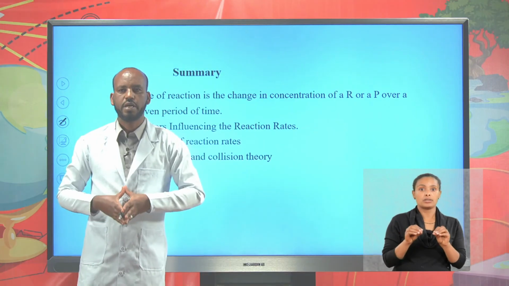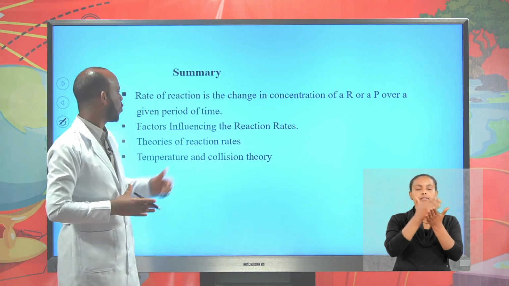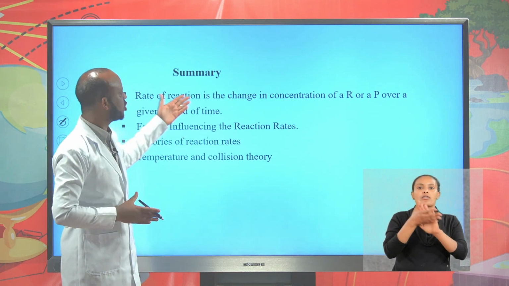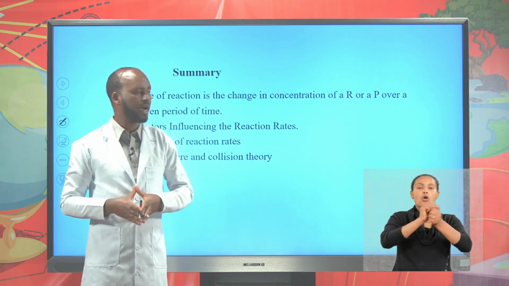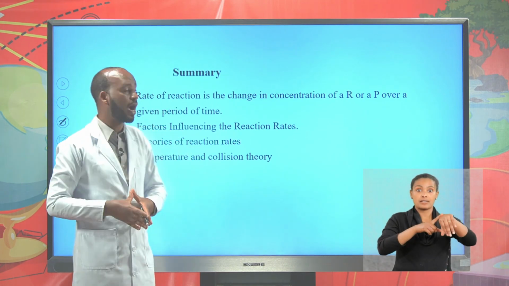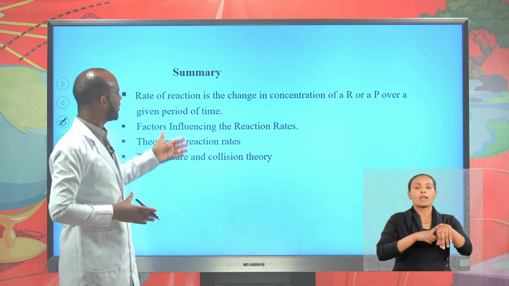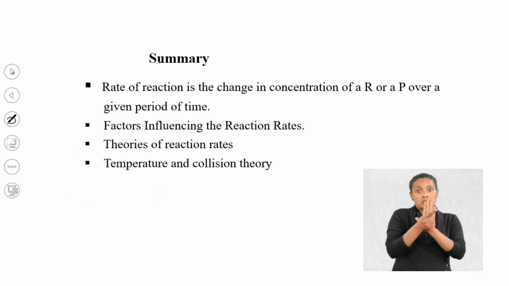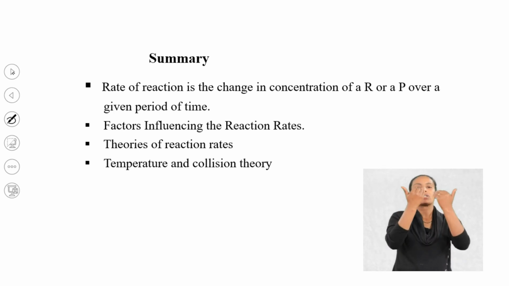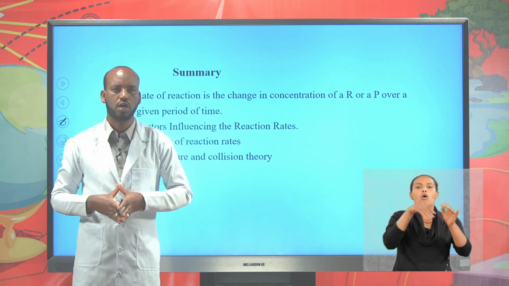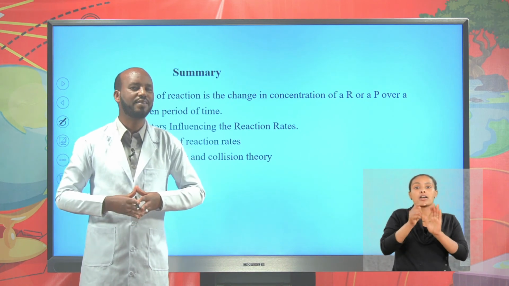Students, in today's lesson, we learned about the rate of a reaction. Rate of a reaction is the change in concentration of reactants or a product over a given period of time. Factors influencing the reaction rates, such as temperature, concentration, surface area, catalyst, and so on, are factors which affect the rate of the reaction.